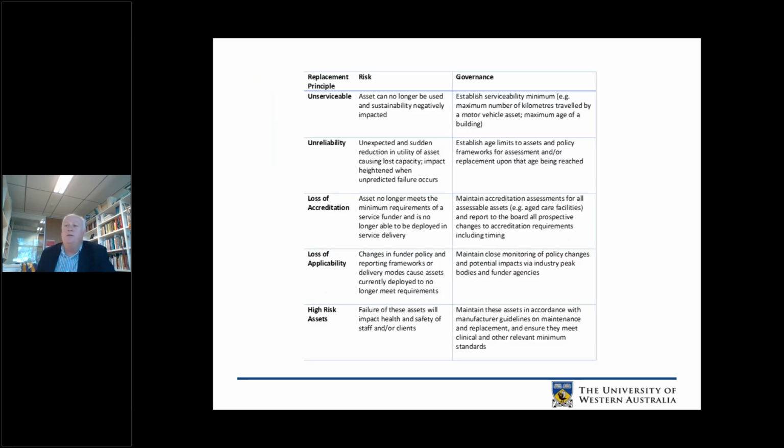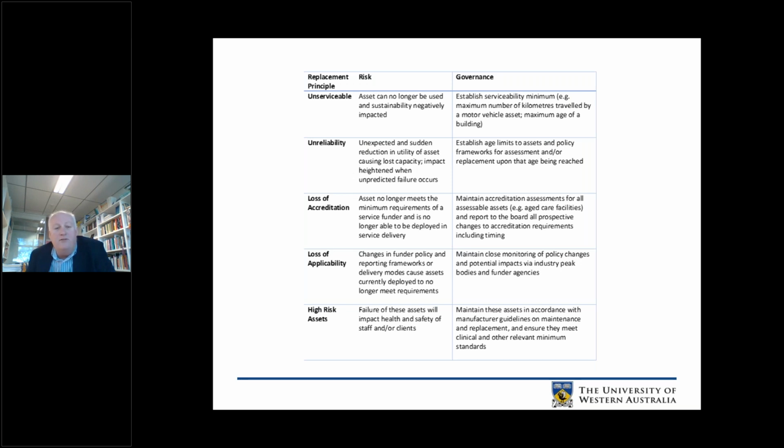The principles that you might use to make asset replacement decisions are also covered in the tool. They look at these 5 general principles, which are in no particular priority order, but which might have a priority order from your perspective in terms of how the organisation operates and the issues that it has to face. Essentially, assets need to be replaced when they become unserviceable, when they become unreliable, when they might cause the loss of accreditation.